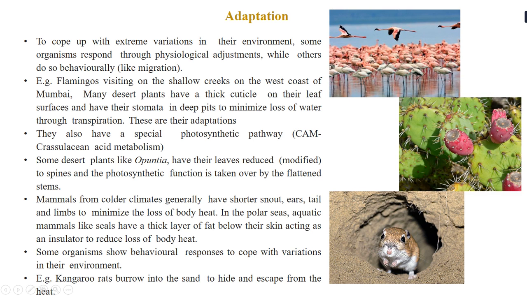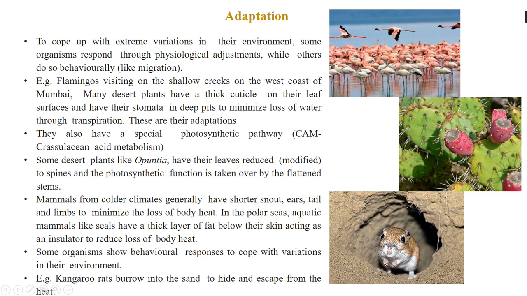Then the question arises that how is the photosynthesis process taking place in them? So the photosynthetic function in these plants is taken over by the flat stems. So the stems, which are known as phylloclades, get modified into this flat structure, which are green in color, and they do the photosynthetic process. So this is also an adaptation that is seen in Opuntia plant.